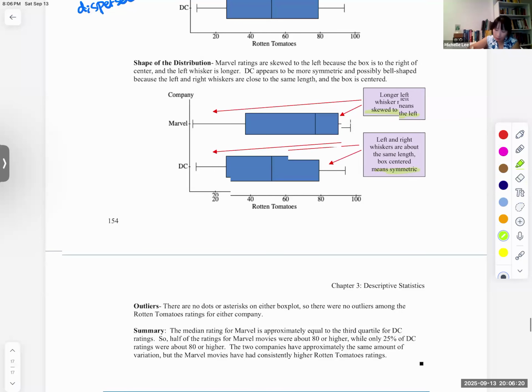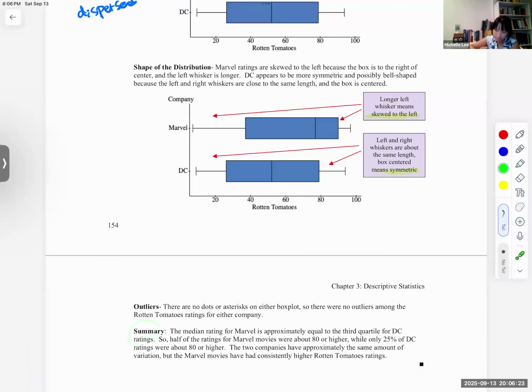Okay, we can see the summary. The median rating for Marvel is approximately equal to the third quartile for DC superhero rating. So half of the ratings for Marvel movies were about 80 or higher, while only 25% of DC ratings were about 80 or higher.